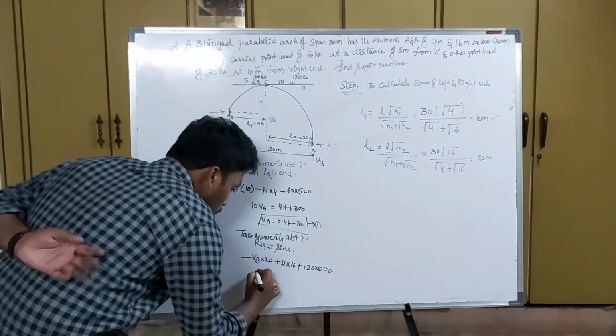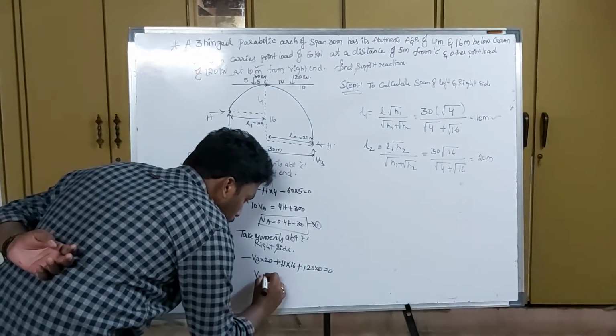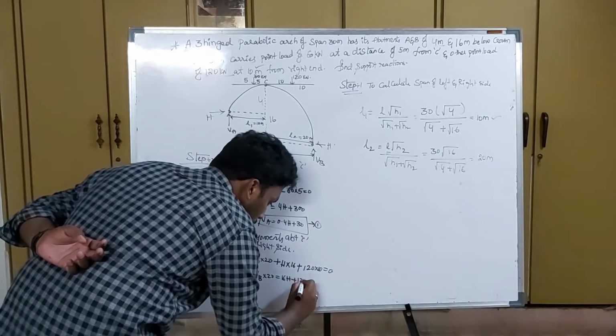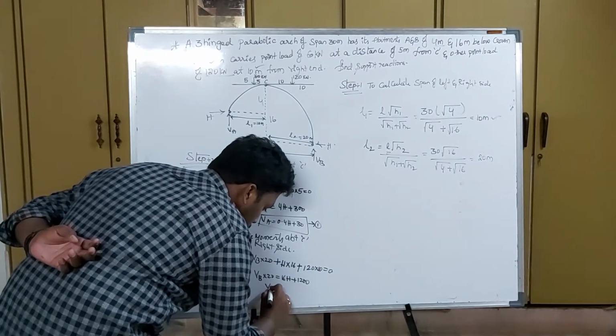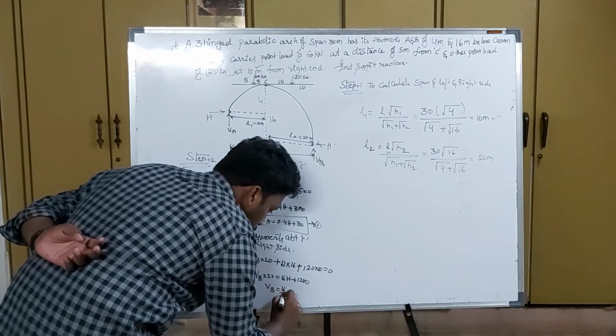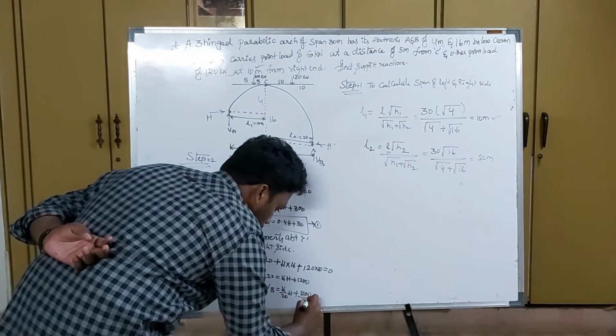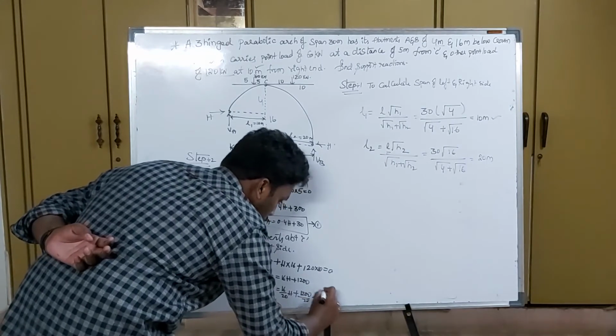From here VB into 20 is equal to 16H plus 1200. So VB is equal to 16 by 20 into H plus 1200 by 20. Let it be equation 2 now.